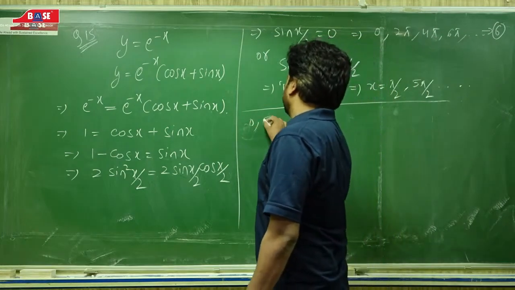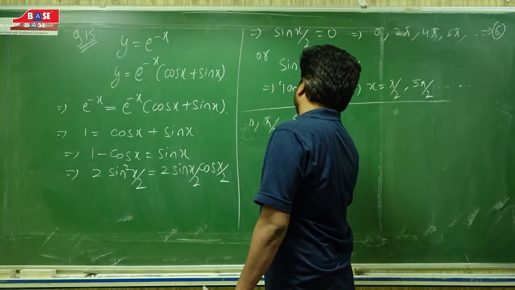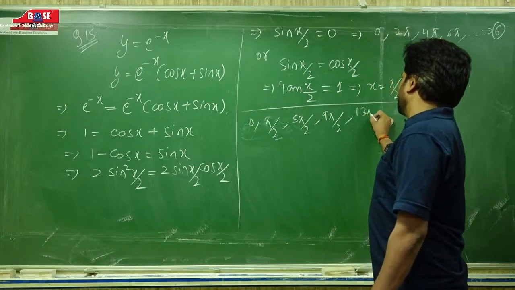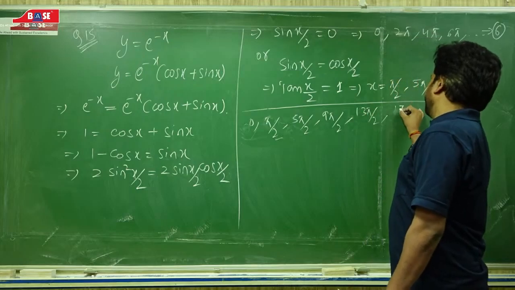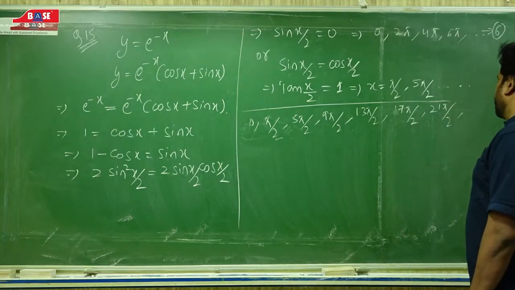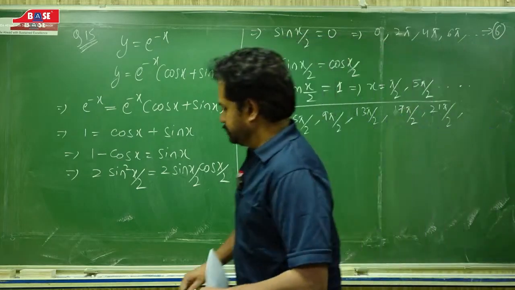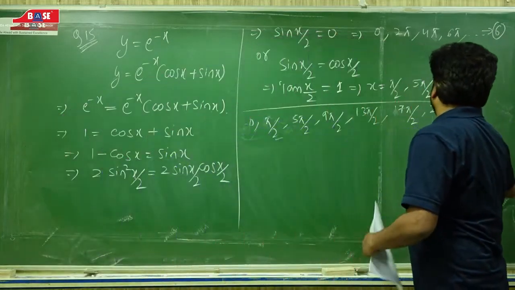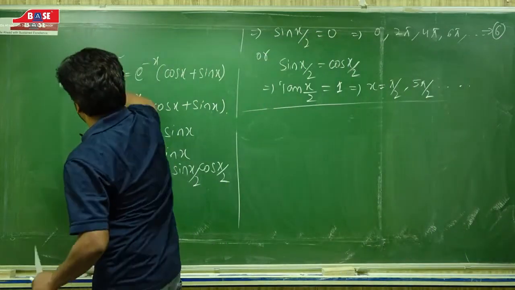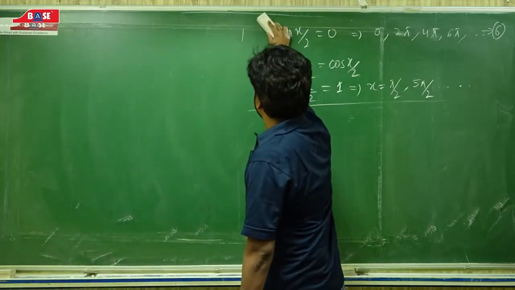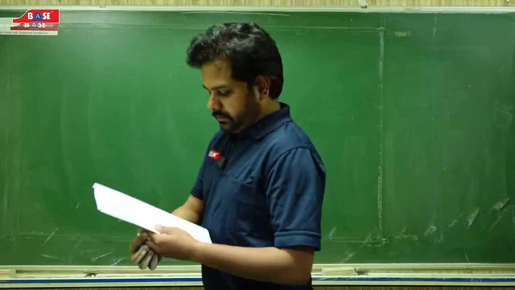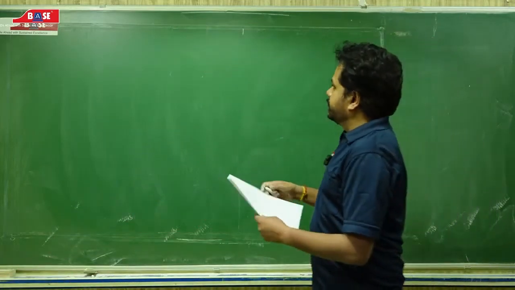So the 11 points will be 0, pi by 2, then 5 pi by 2, then 9 pi by 2, then 13 pi by 2, next 17 pi by 2, 21 pi by 2, and we have to go up to 0 to 10 pi.